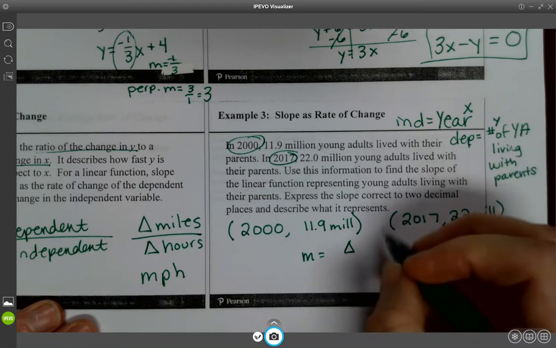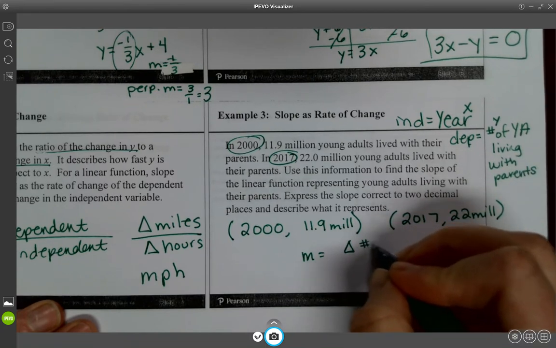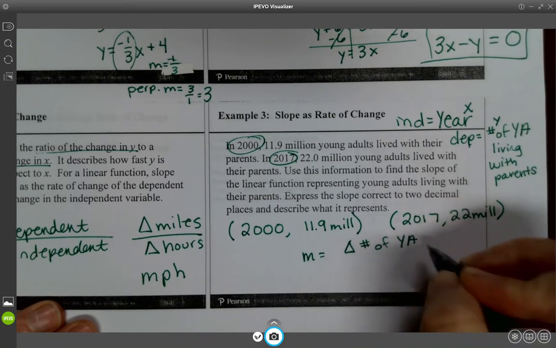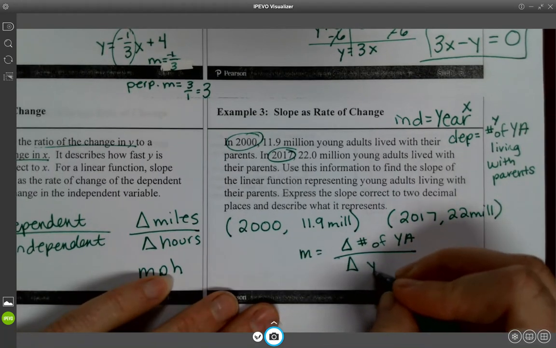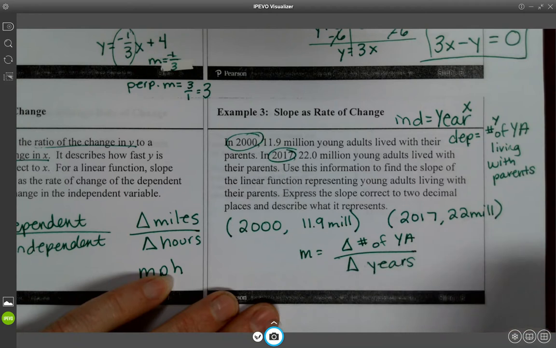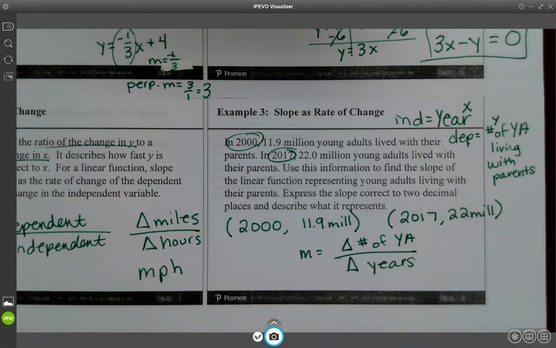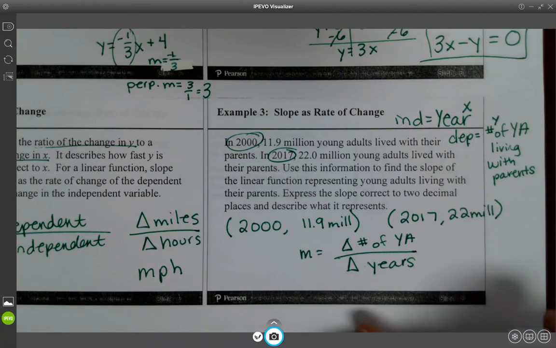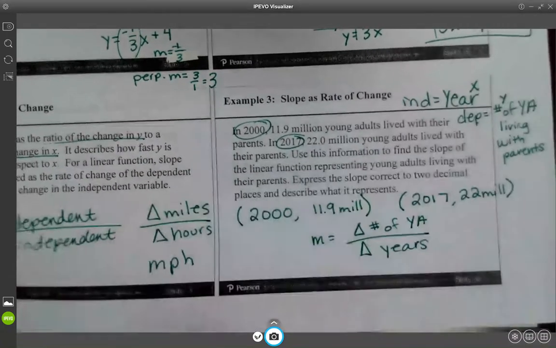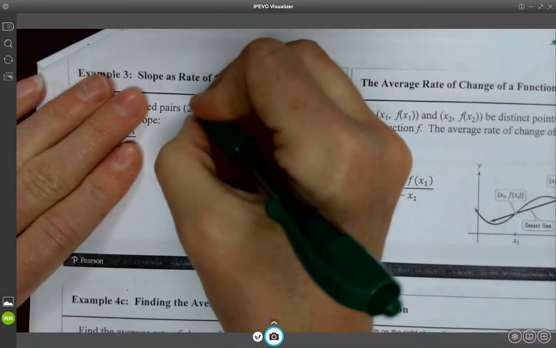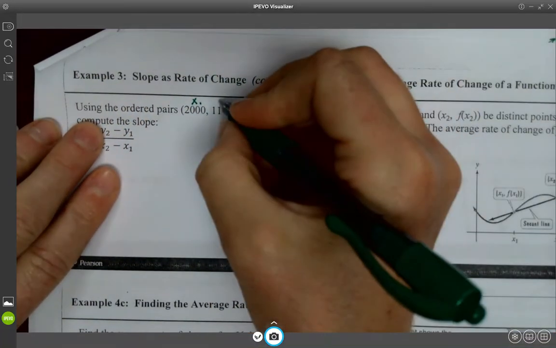Dependent's your y. Change in number of young adults, I'm not going to write it all out again, over change in years. And we actually have a space on the next slide where we're going to find the rate of change. So we have these ordered pairs.